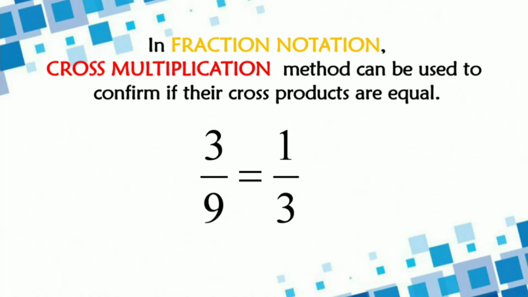Imumultiply natin yung numerator ng isang ratio dun sa denominator ng isang ratio at yung denominator ng first ratio dun sa numerator ng kabilang ratio. Kapag nag-equal yung kanilang product, means they are proportion. Okay? So, para mas maintindihan natin, let's practice.